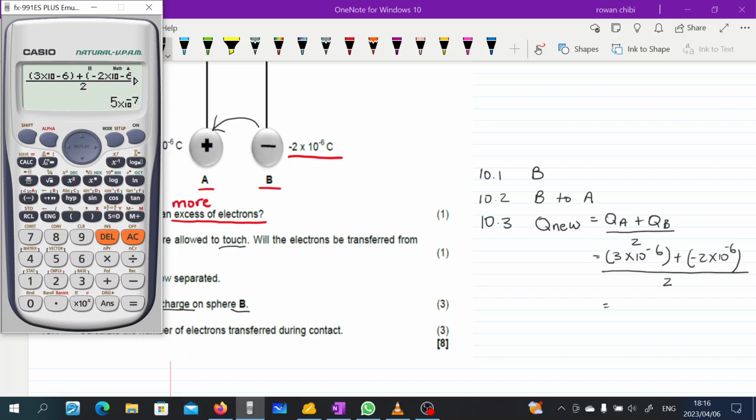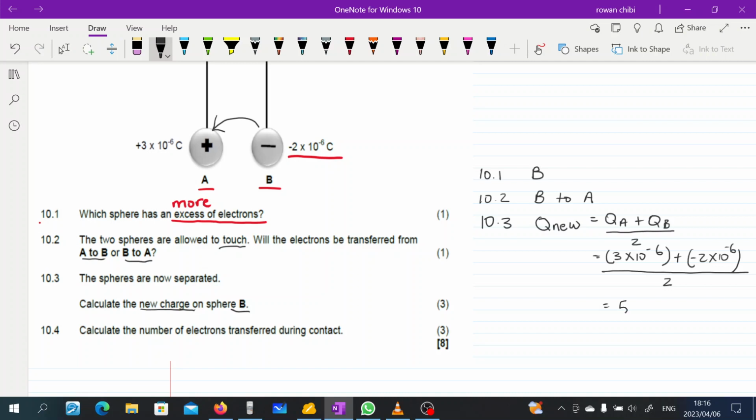The answer is 5 times 10 to the power negative 7. So we have 5 times 10 negative 7 coulombs.